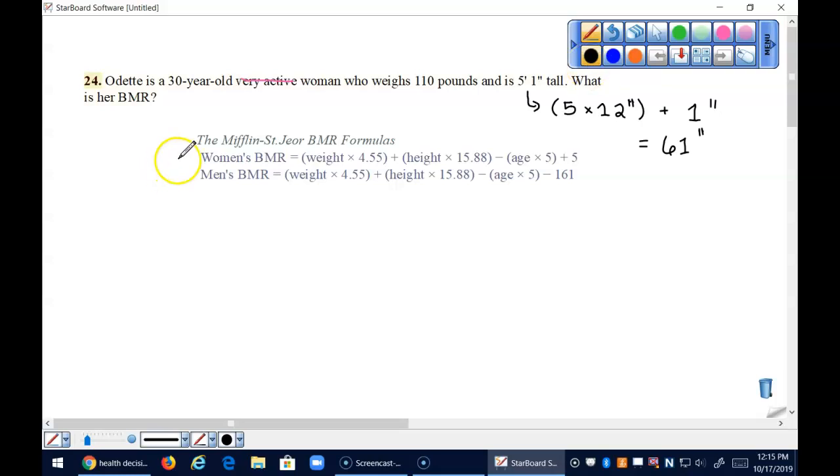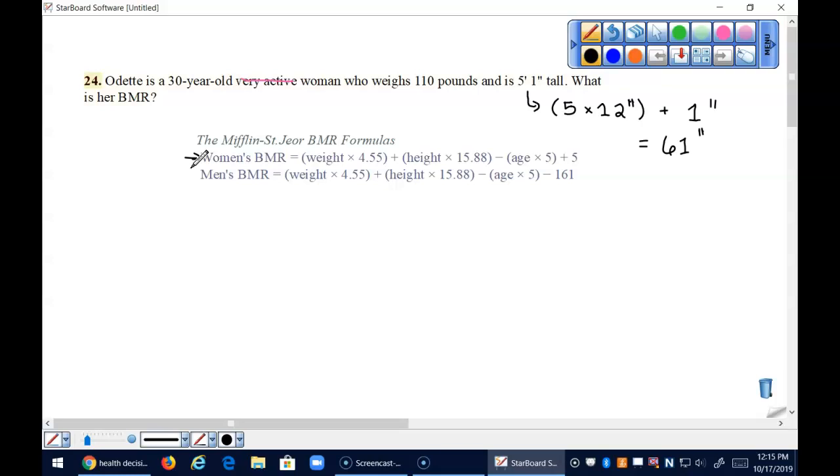Okay, now the other thing, we care about her name a little bit, just because we need to know it's a her, and if there weren't any other pronouns. Okay, so we need to know it's the woman's BMR, but it says her, it has Odette, we're good at that.